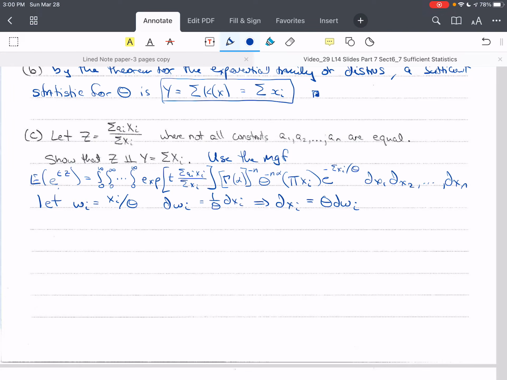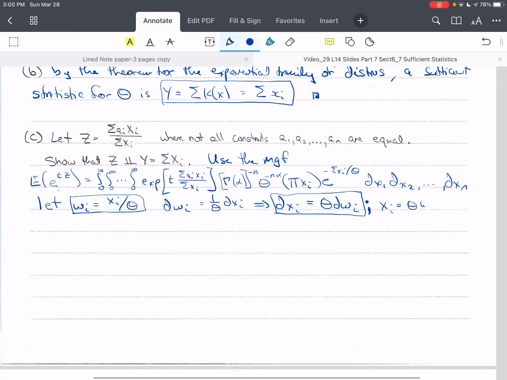And so here we're going to solve for x sub i. So we have this that we need: x sub i equals theta times w sub i, and that implies the sum of x sub i equals theta times the sum of w sub i.